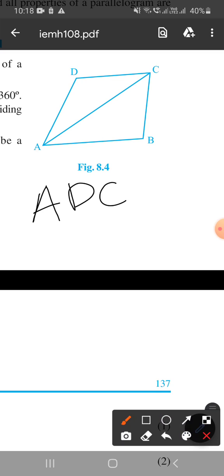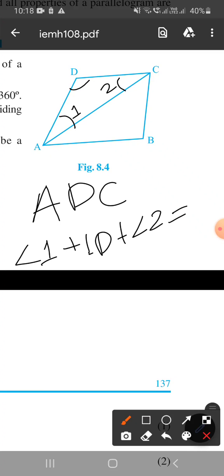you can see that angle DAC, let's name it angle 1, angle D, plus angle 2 at C, right? If we add these three angles, the angle sum property of a triangle says the sum of interior angles of a triangle is 180 degrees. So angle 1 plus angle D plus angle 2 will be 180, right?